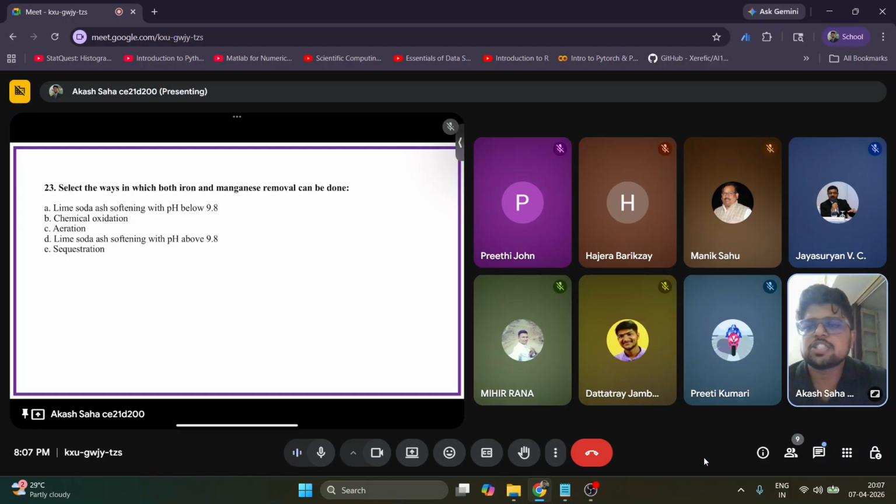Select the ways in which both iron and manganese removal can be done: lime soda ash softening below 9.8 pH, chemical oxidation, aeration, lime soda softening above 9.8 pH, or sequestration.